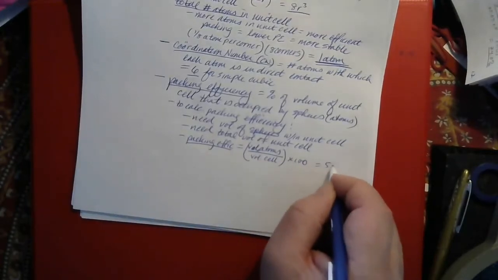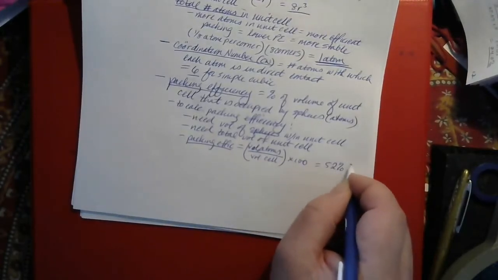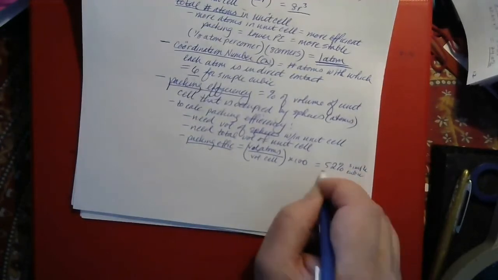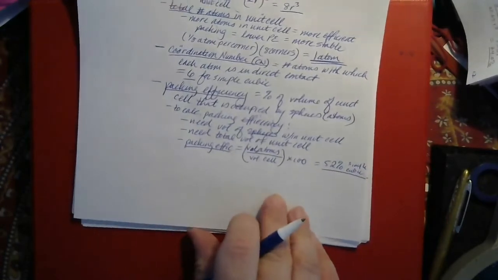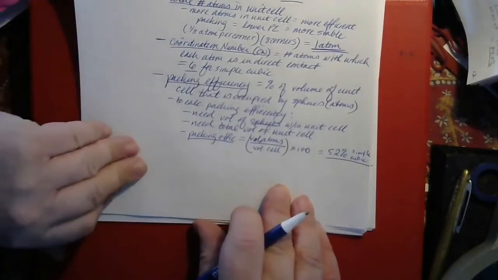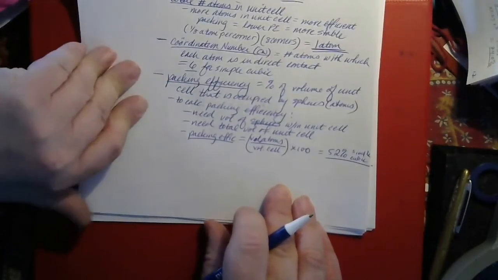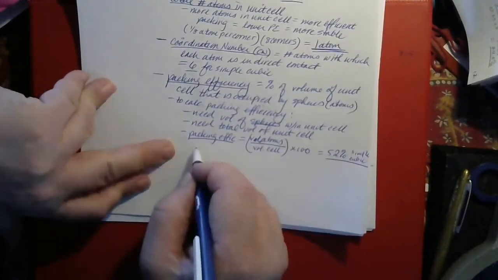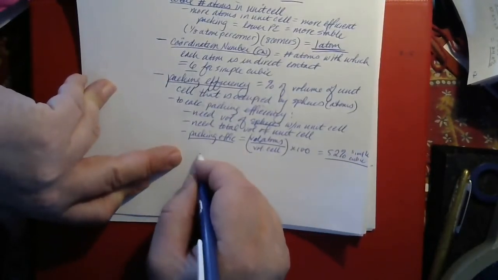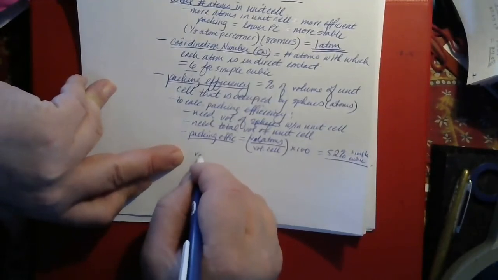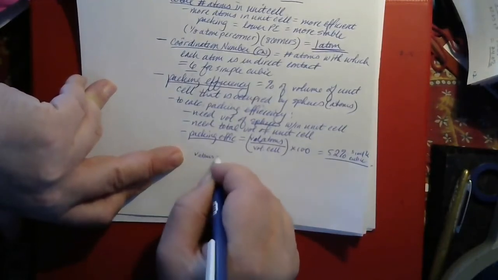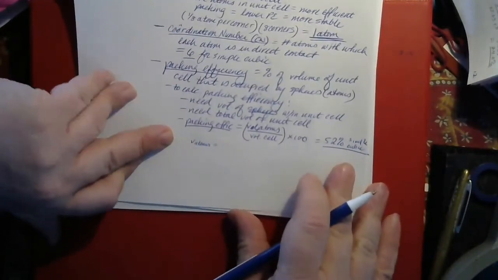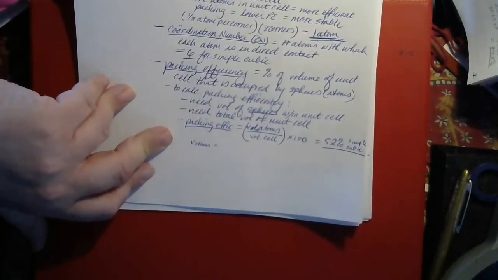And for a simple cubic, it's 52%, which is not all that good, really. You can actually work it out. One way you can work it out is if you know what the actual radius of the atoms is.